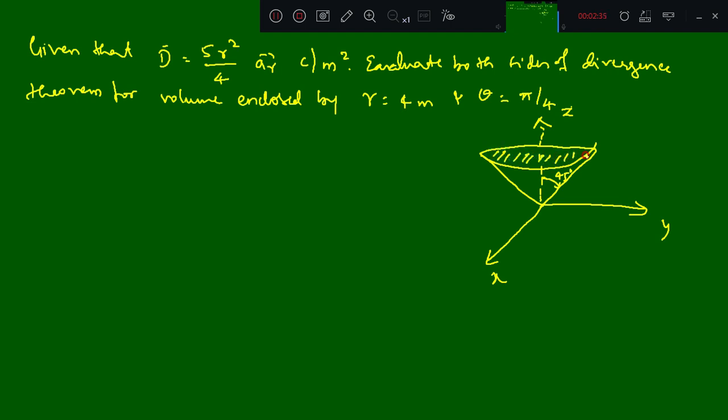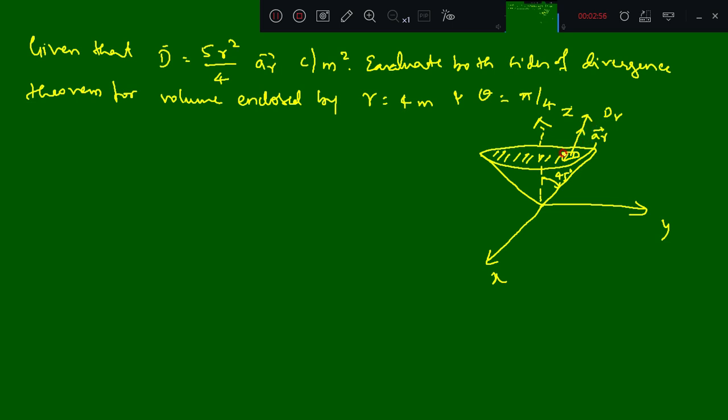So this is the surface, here is the dr emitting in the direction of aR.